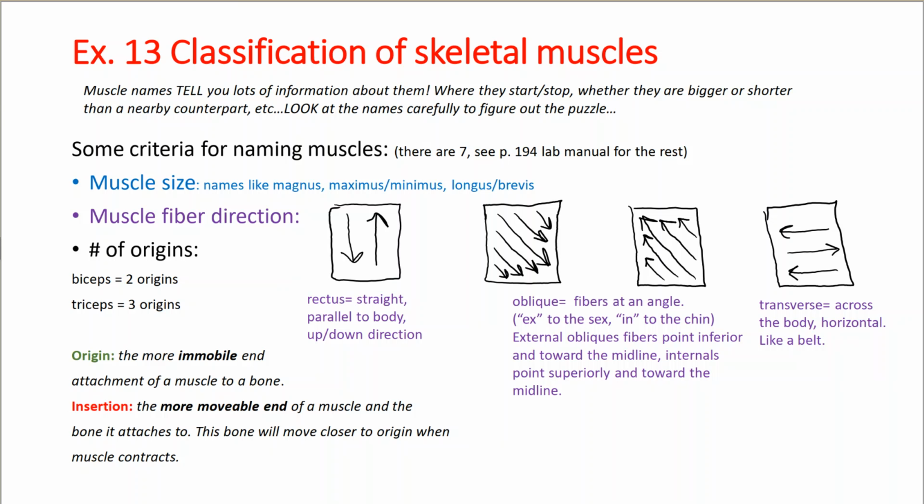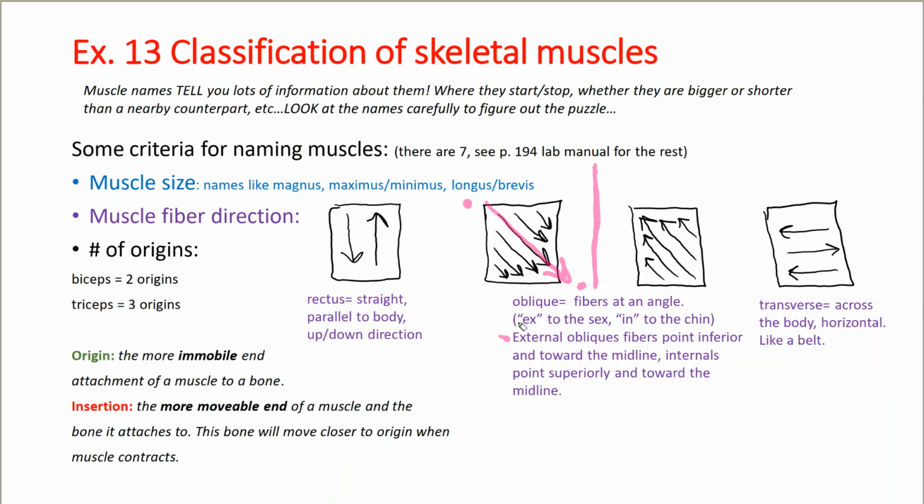And then an oblique muscle is somehow, if we imagine a midline right here, an oblique muscle is going to go diagonal. The fibers are going to go diagonal on an angle in relation to the midline of the body. And so external obliques start superiorly at the lateral side, and they go medial at the inferior side.